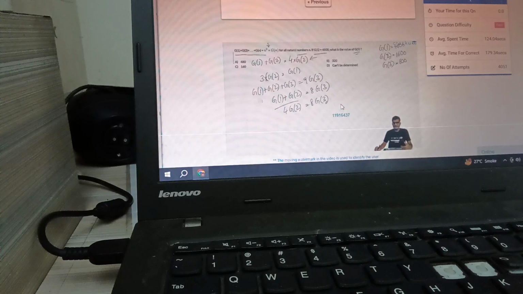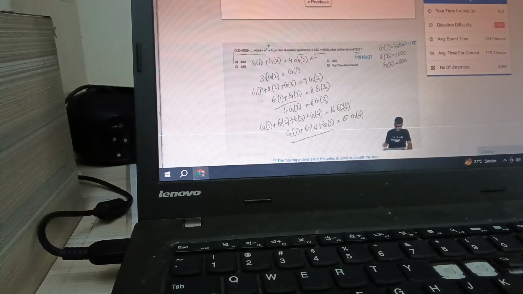Now let us substitute the value of n to be equal to 4 and try to calculate the value of g of 4. So g of 1 plus g of 2 plus g of 3 plus g of 4 is equal to 4 square, that is 16 times g of 4. So the value of g1 plus g2 plus g3 is equal to 15 times g of 4.